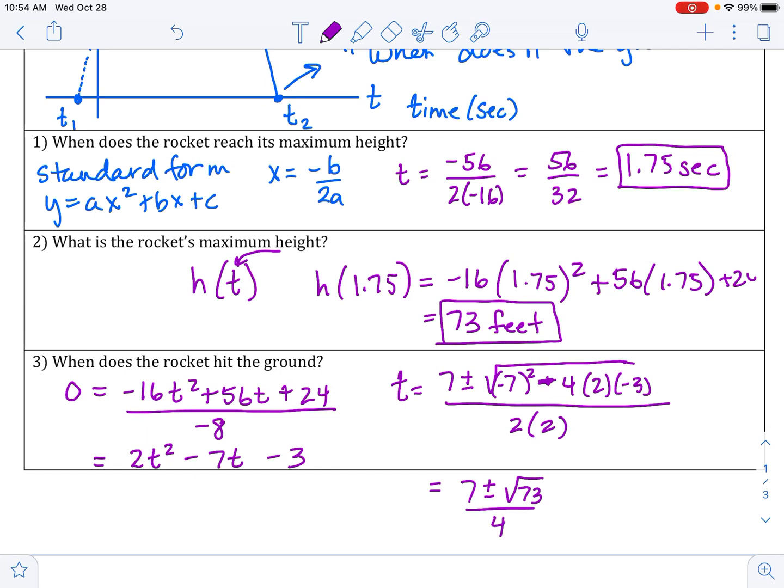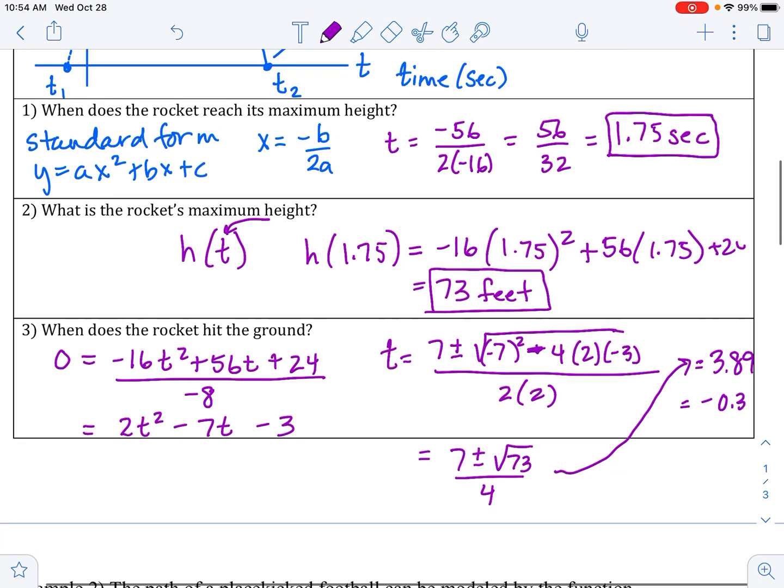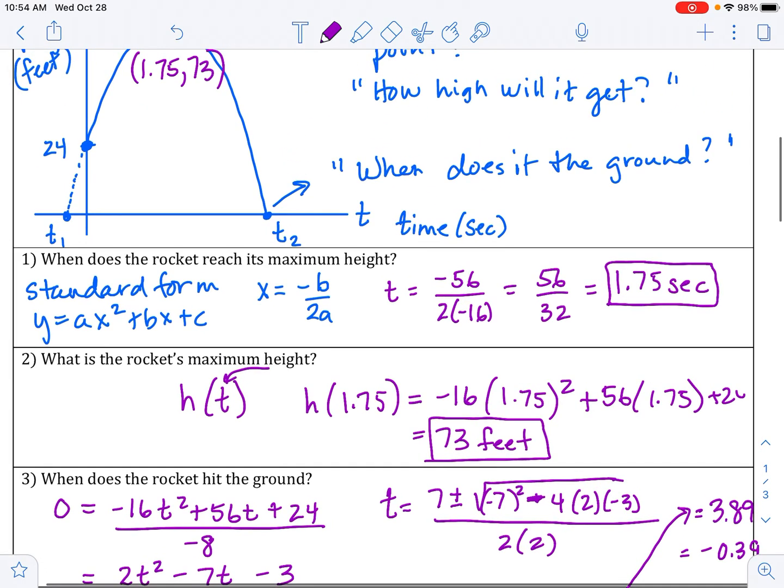And because, again, there is a context to the problem, we're going to go ahead and put these in our calculator and see what they're equal to. The first value I get is about 3.89, and the second value I get is about -0.39. Now, in the context of the situation, that -0.39 would be back in time.